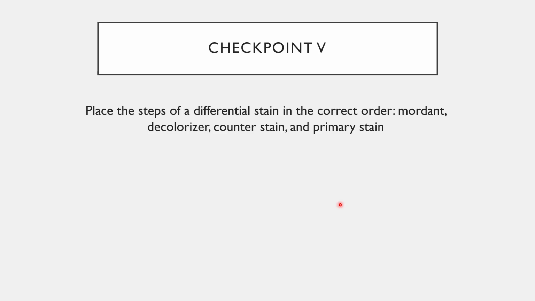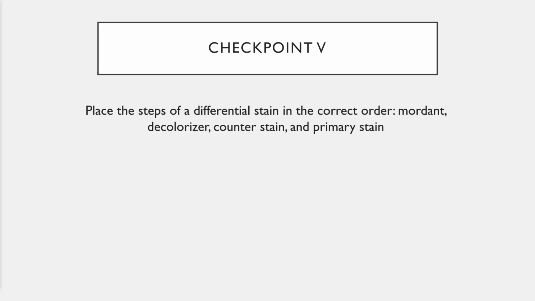Now that we've discussed differential staining, I want you to take the steps of the differential stain and place them in the correct order from first to last: the mordant, the decolorizer, the counterstain, and the primary stain.